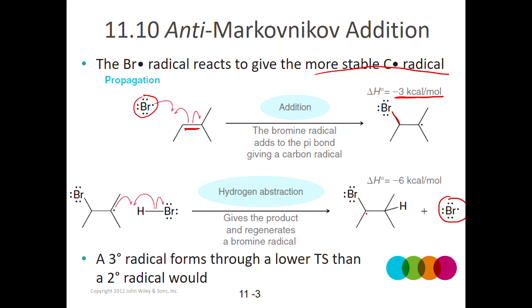So effectively, overall, this step specifically is product favored or exothermic because the bromine radical is more stable than the carbon radical. So I'm forming a sigma bond, breaking a sigma bond, which is not really making much of a difference, but going from the less stable carbon radical to the more stable bromine radical is what drives this step forward.